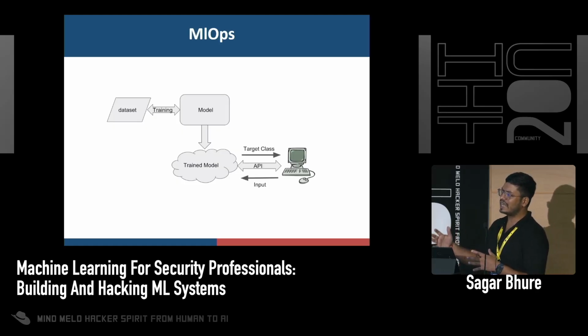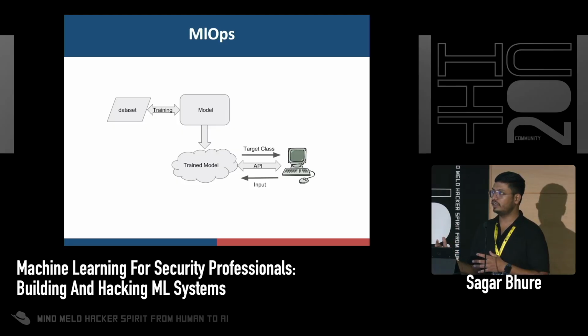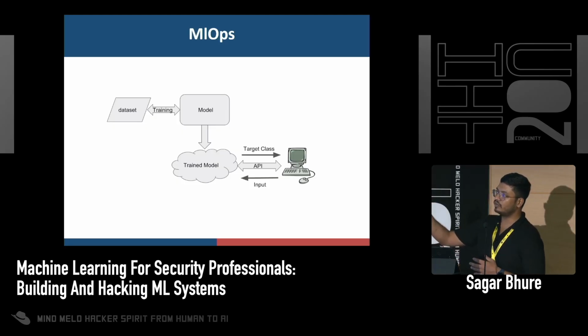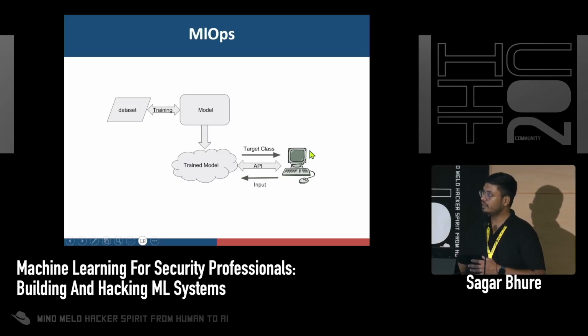Well, this is just a high-level overview to make you understand what the attack surfaces can be in deployed machine learning systems, right? Let's talk about a target or a victim here trying to open chatgpt.com.